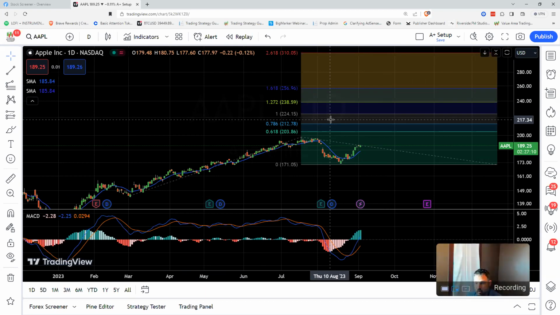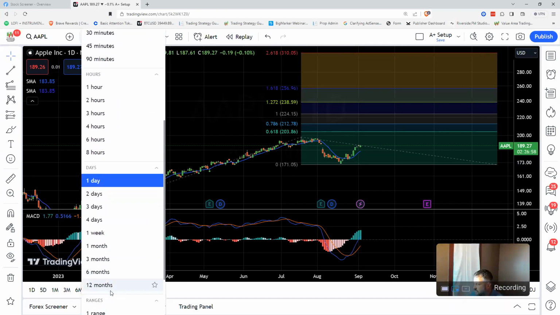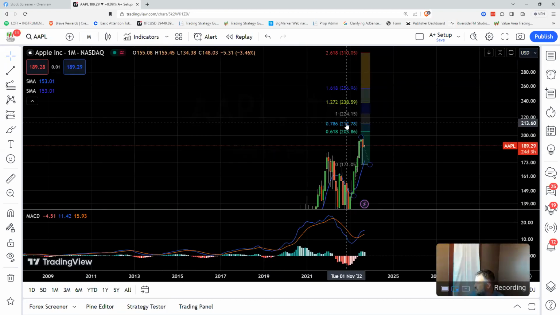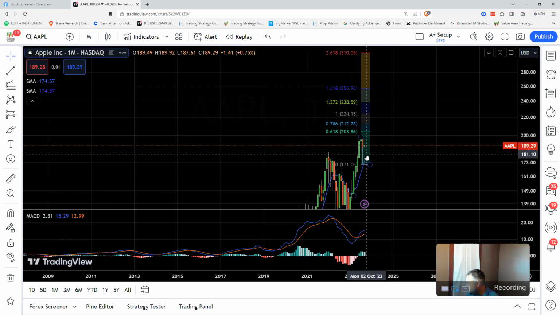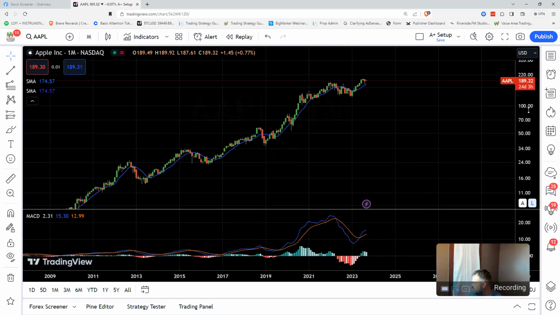And there are some trends that can make a ton of money. So let's actually take a look at this Apple on a longer time frame, just to show you some of the amazing trends that we've seen on Apple. I'm just putting this on a 1 month chart. Now, this is a monthly chart of Apple.